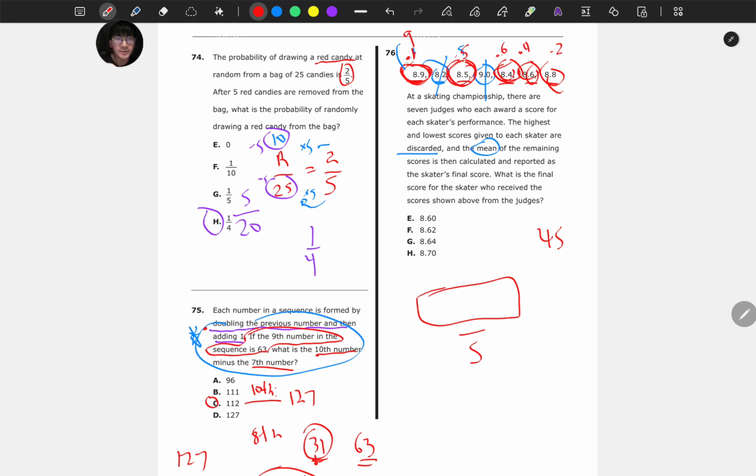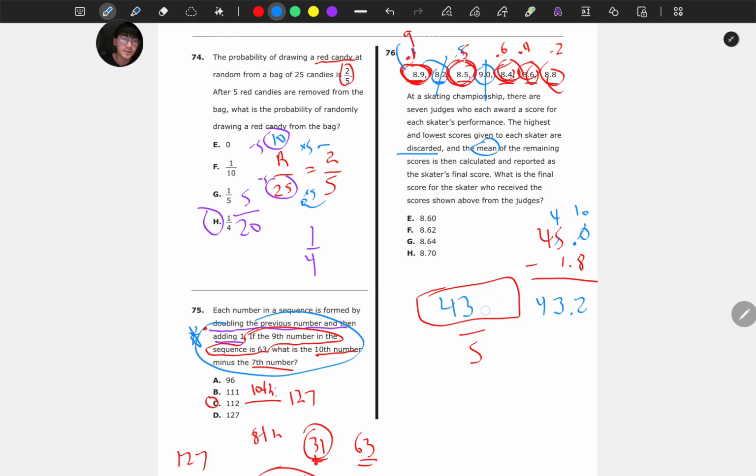And now just add that. So it's 0.1 plus 0.5, which is 0.6. 0.6 plus 0.6 is 1.2, 1.6, 1.8. So it's 45 minus 1.8, and notice you have to line up the decimals, and 45 is a whole number, so that means there's a hidden decimal to its right. And then you just subtract this. So it's going to be 43.2.